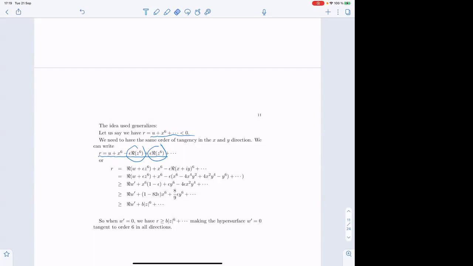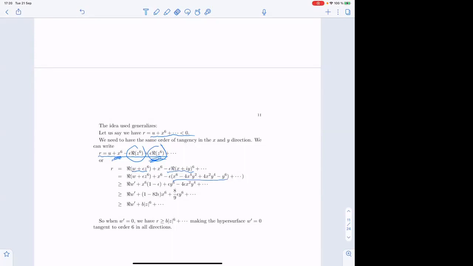First of all, you get that r becomes the real part of w plus epsilon z to the 6. So that's this part. Then you have the x to the 6, and then you have the other term. Then you calculate it out, and for this real part you get x to the 6 minus 4x to the 4th y squared, 4x squared y to the 4th, minus y to the 6th.